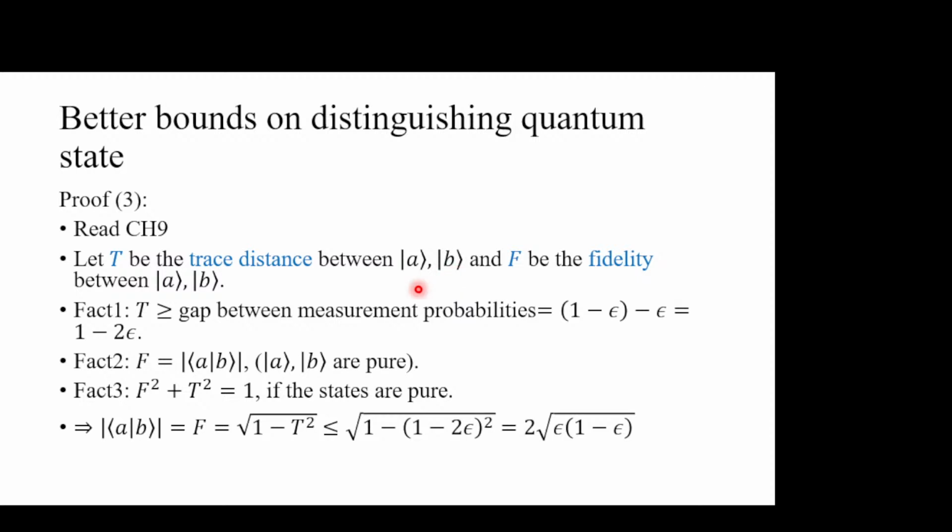So there are these two concepts, trace distance and fidelity, that both characterize the distance between two quantum states.